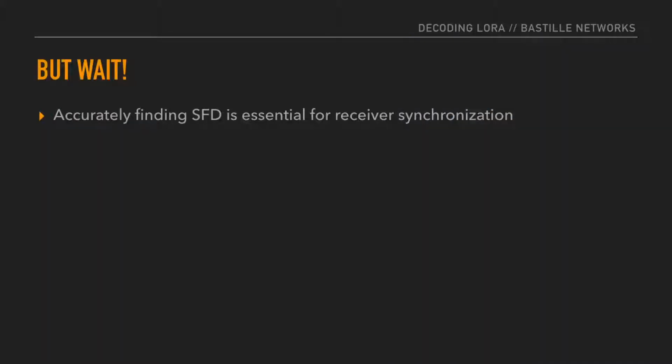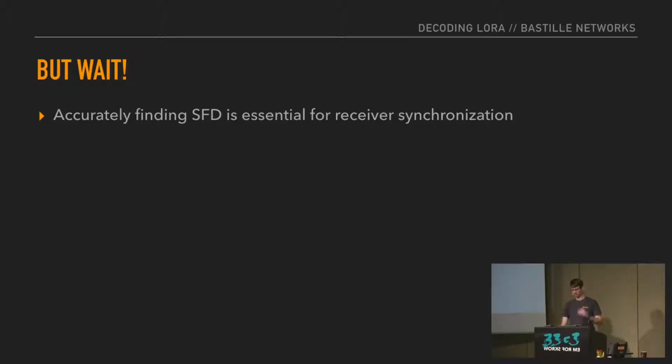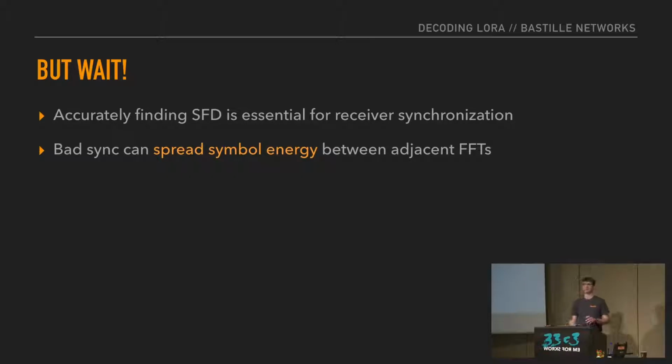Important caveat. Accurately synchronizing on the SFD is essential for getting good data out of this demodulation. Because if you have a bad sync, then you can wind up having basically the samples that comprise your symbol spread between multiple adjacent FFTs. And if that happens, then you get incorrect data. Now, let's illustrate what that looks like.